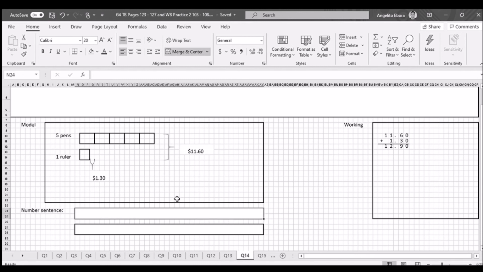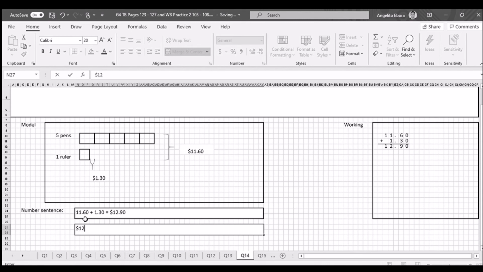Okay, so $11.60 plus $1.30 is equal to $12.90. The second one is we need to divide this by 6.